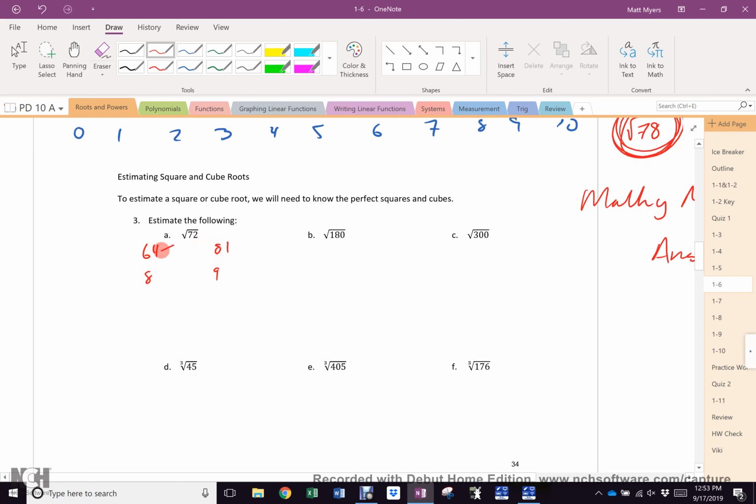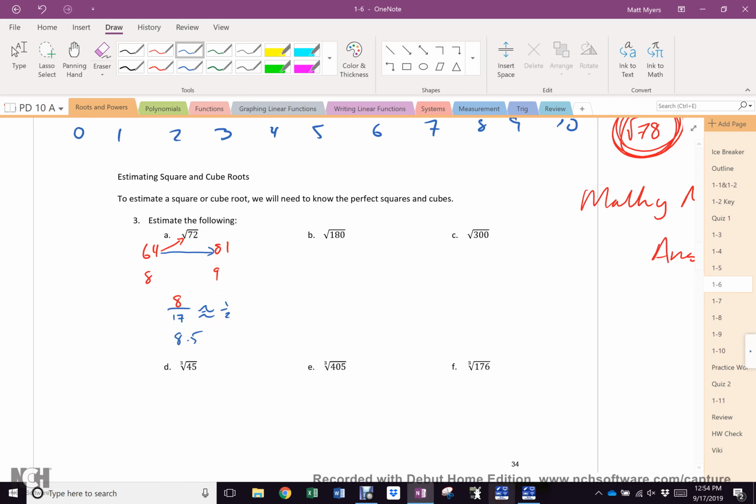How far is it from 64 to 72? 8 steps. How far is it from 64 to 81? 17. I'll wait for while my pre-dip class does subtraction. 17. What fraction is that very close to? It's very close to 1/2, correct? So logically, what is the square root of 72?